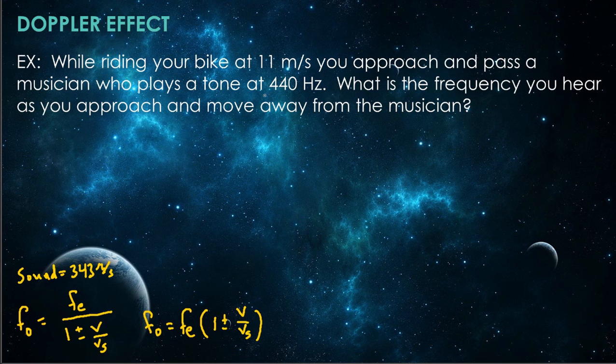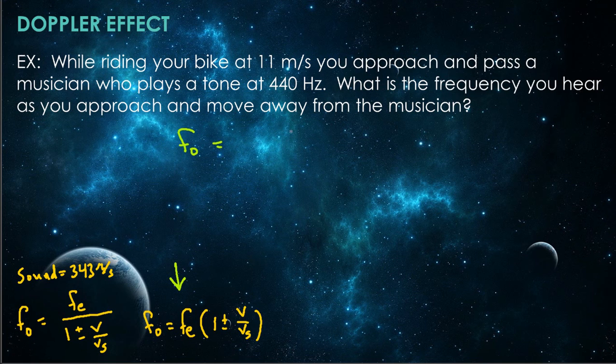While riding a bike at 11 meters per second, you approach and pass a musician who plays a tone at 440 hertz. What is the frequency you hear as you approach and move away from the musician? So this time, I'm going to be using this formula right here because you are the observer. You're the observer and you're the one moving.